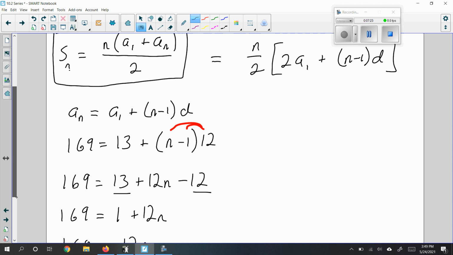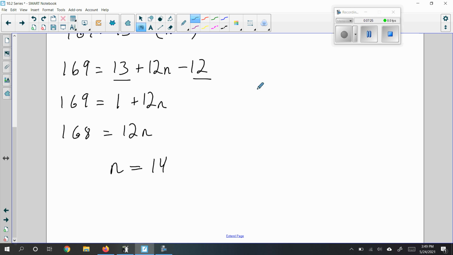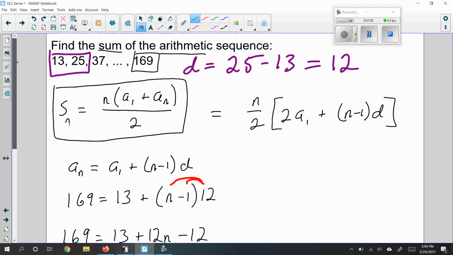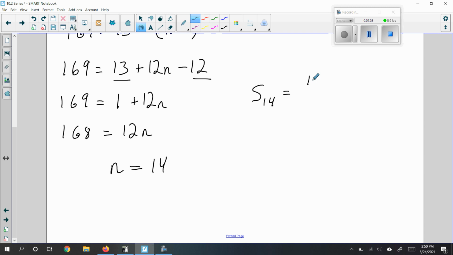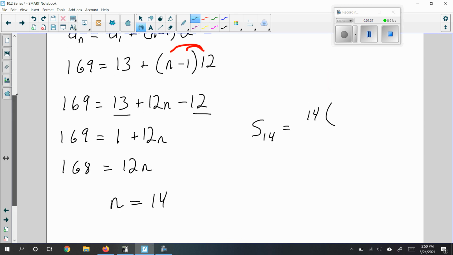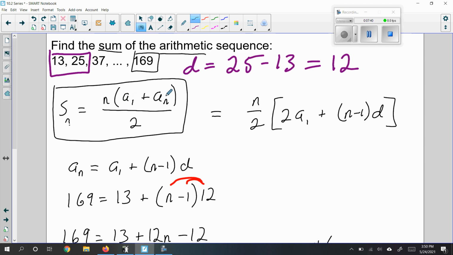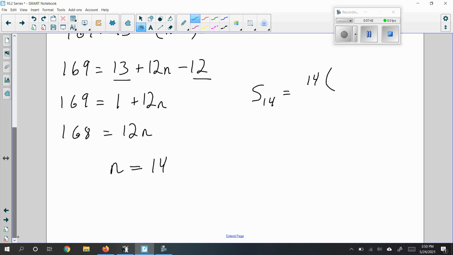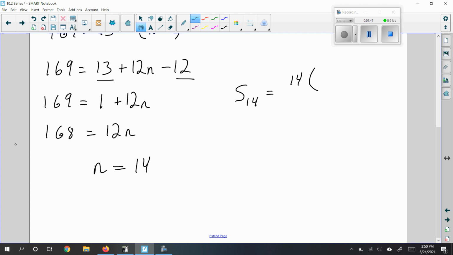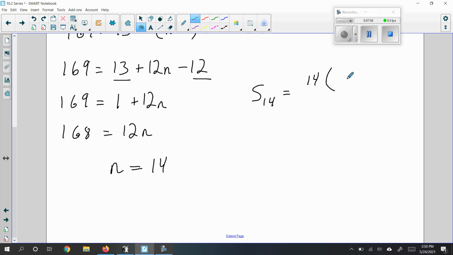So the sum of the first 14 terms, so s sub 14, is equal to n, which is 14, times the first term plus the last term. So the first term was 13, I think. Plus the last term, which was 169, all divided by 2.